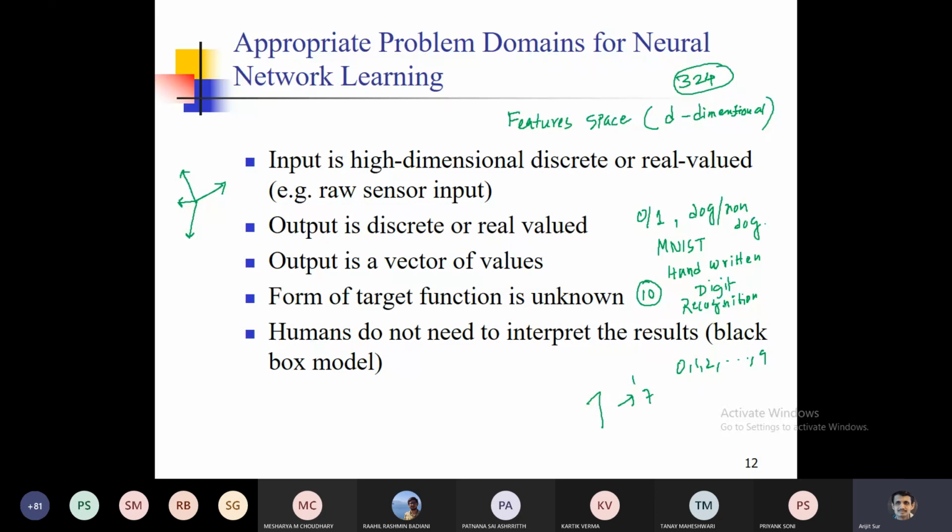The output is discrete values, or it can be real valued. If it is discrete, it is called a classification problem, and if it is real valued, it is called a regression problem, as we see.